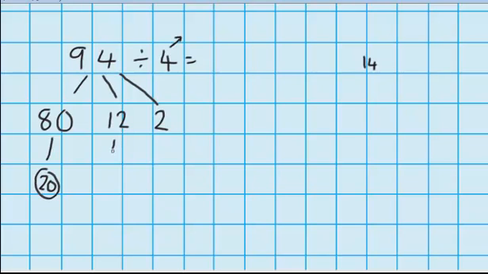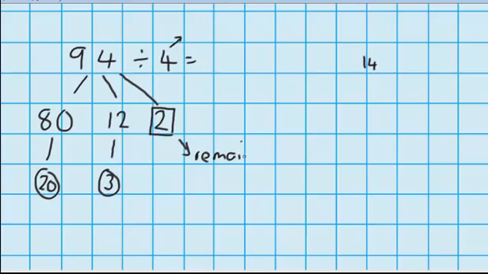Now I'm moving on to my pile of 12. If I share 12 items between 4 groups, I will need to put 3 items in every group. Now you can see I'm left with 2 items here, but I can't share 2 items evenly between 4 groups. So we call these items the remainders.